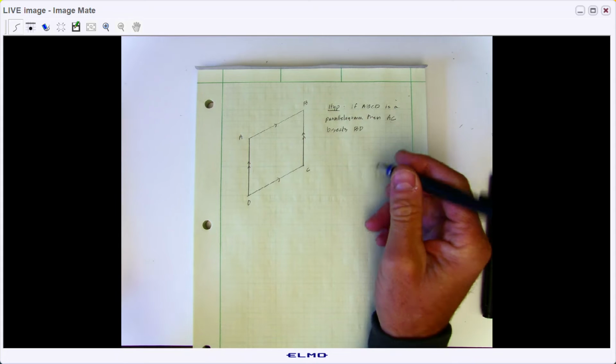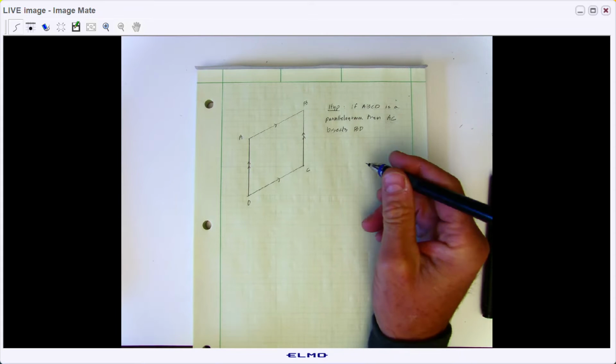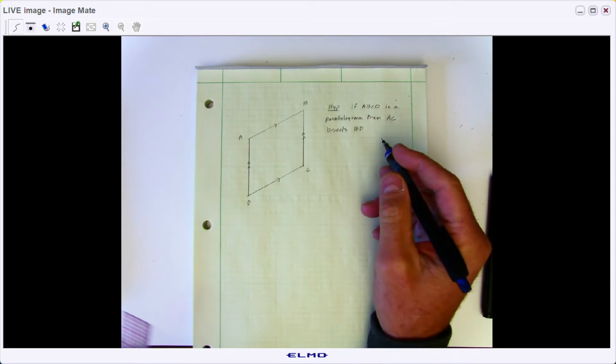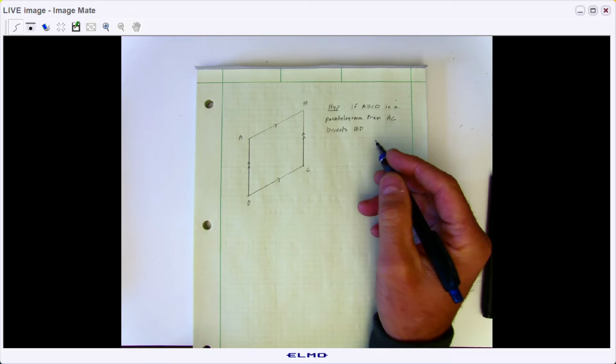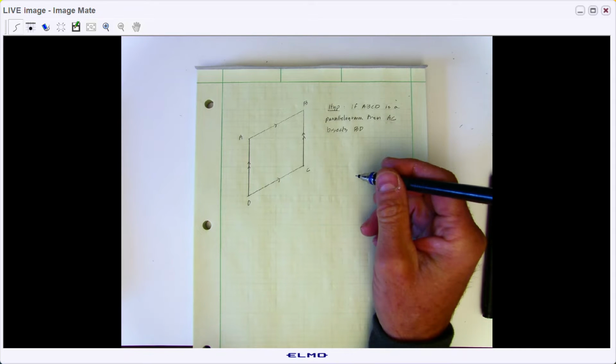So how are we going to go about proving this? This is going to be rough, just a proof sketch. It wouldn't be a finished product, but let's just talk about the ideas.